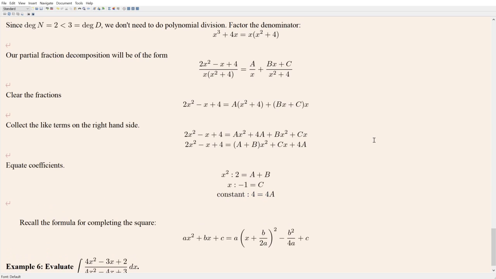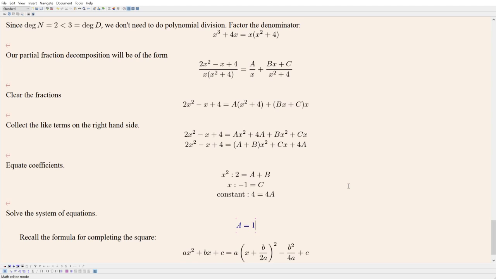Okay. And now we solve the system of equations. We already know that c is equal to -1, so that's cool. If we take this and divide both sides by 4, we get that a is equal to 4. Or I'm sorry, that a is equal to 1.